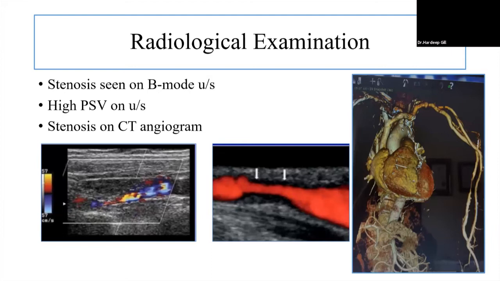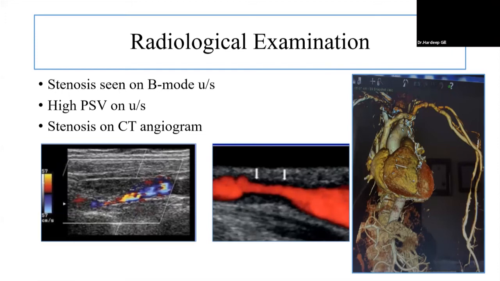So when we suspect stenosis clinically, we send the patient for an ultrasound. And on ultrasound, you can see the stenosis in B mode, or on color Doppler you would see that there are high peak systolic velocities, and there's marked aliasing, like you can see in the first picture over here. This mixing of color where you see red, blue, yellow, orange, all of that is called aliasing.